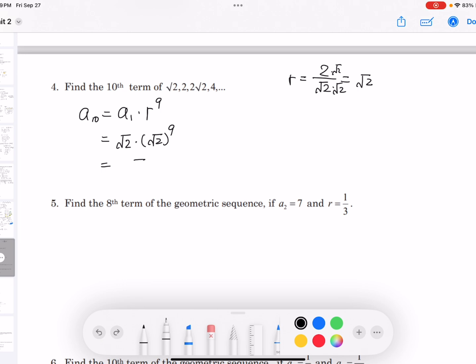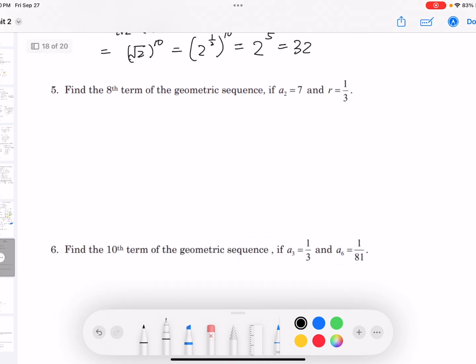It is square root of 2 to the 10th power. Square root of 2 is 2 to the 1/2 power. Raised to the 10th power is 2 to the 5th power. What is 2 to the 5th? 2 to the 4th is 16. 2 to the 5th is 32.